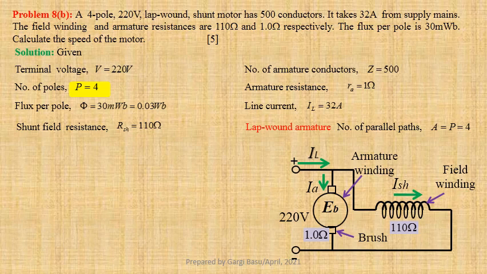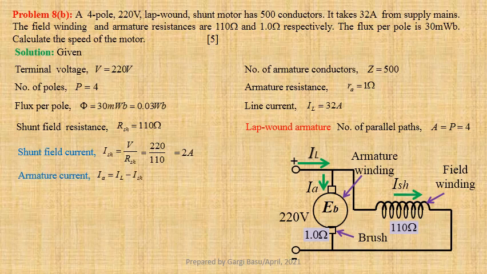Let us now calculate shunt field current. ISH equals V by RSH. Using values we get 220 divided by 110, that gives us 2 ampere. Armature current IA equals IL minus ISH, that is equal to 32 minus 2, that gives us 30 ampere.